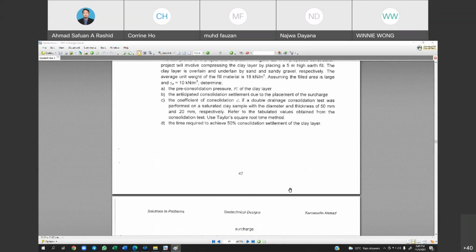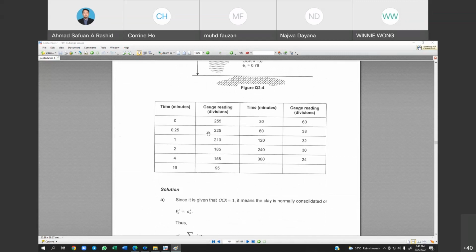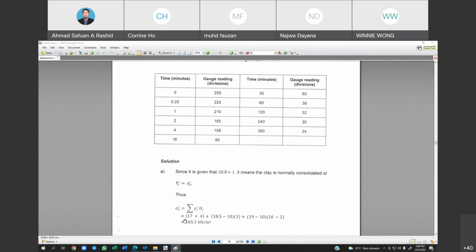They asked to use the Taylor square root time method. So for the Taylor square root time method, we need to square root all the times. And then we may use the value of the gauge reading to be plotted in the graph.